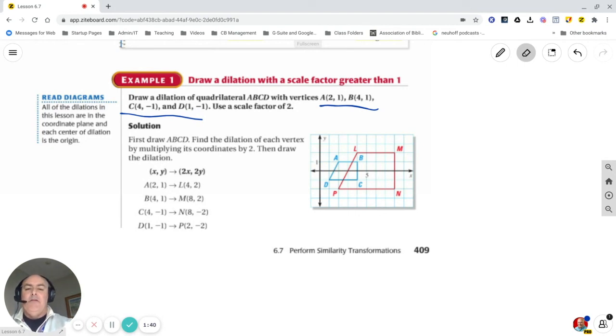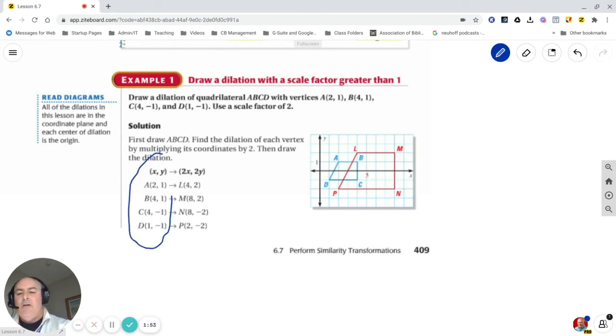What I want to do is create a transformation which has a scale factor of 2. The way I do that is I multiply every coordinate value by the scale factor of 2 to come up with my new set of coordinates.